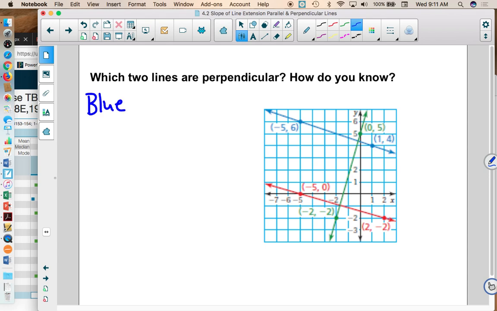What is the slope of the blue, the red, and the green? You can't just look and guess. You gotta do the calculations.